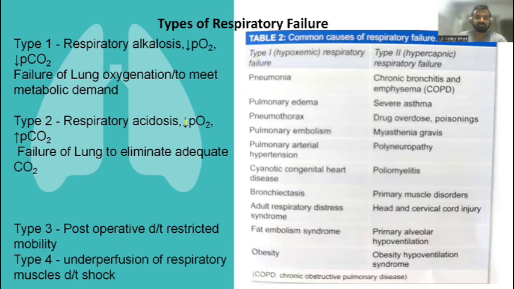Now, what are the types of respiratory failure? This is very important, and has been asked again and again. Type 1 respiratory failure is where there is decrease in PO2 and decrease in PCO2. This is seen in the 5 Ps: pneumonia, pulmonary edema, pneumothorax, pulmonary embolism, and PAH, pulmonary artery hypertension.